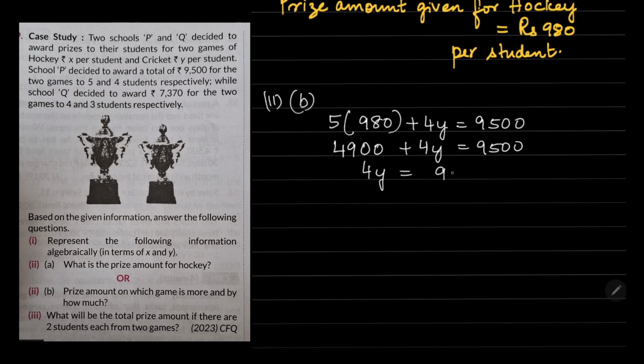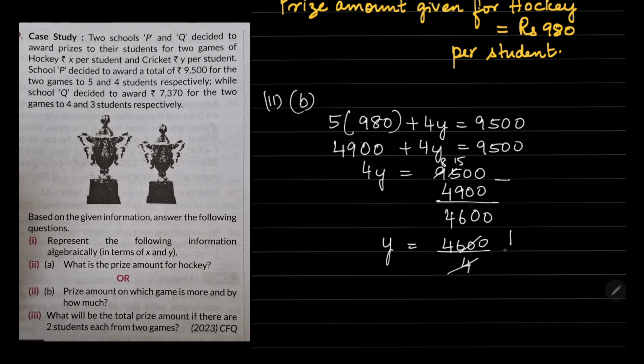Let's multiply: 5 times 980 is 4900. So 4900 plus 4y equals 9500. So 4y equals 9500 minus 4900, which is 4600. So y is equal to 4600 divided by 4.